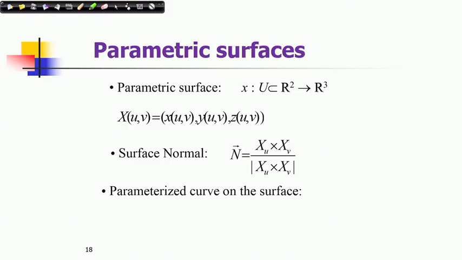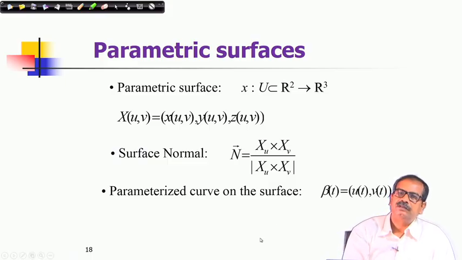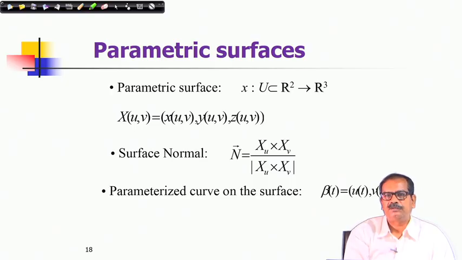I have mentioned that if you make one of the parameters constant and the other parameter varying, you get a curve. But in general, even the parameters u and v can be described as functions of a single parameter. So, let us consider another variable t, which maps values from an interval of real space to the 2-dimensional real space, whose values are actually the coordinates given by the combinations of u and v.